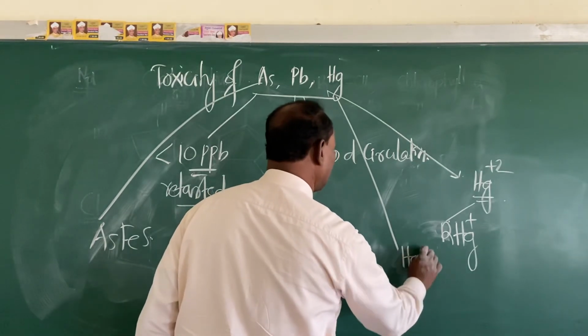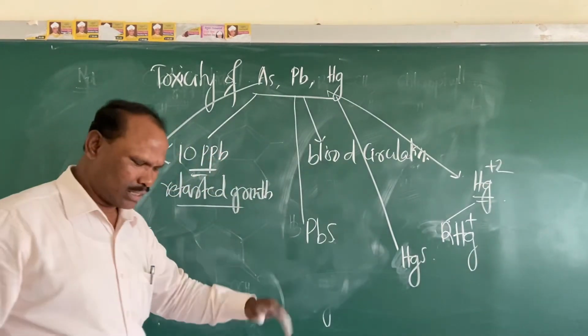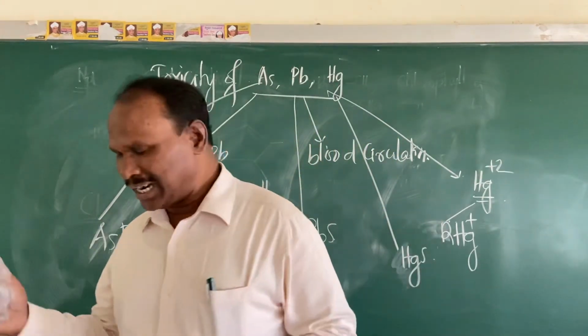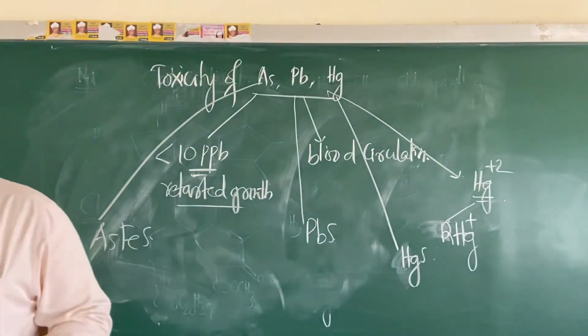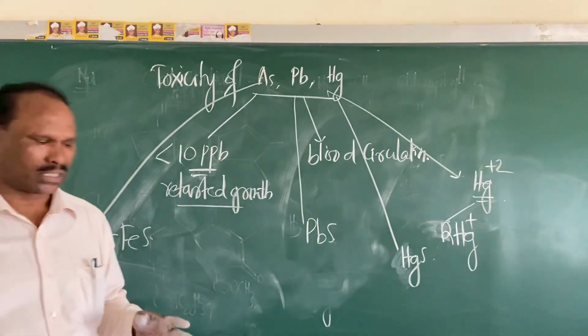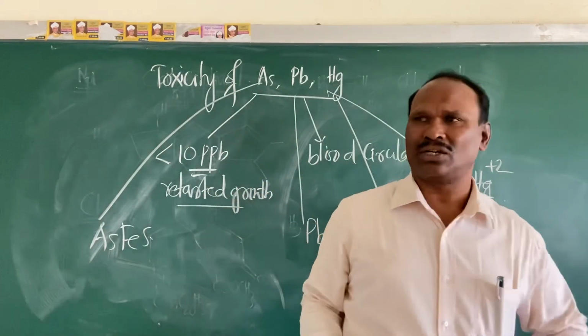HgS. That means the industries that are working with these metals, that is arsenic, lead and mercury, have to take maximum care when they release their waste products into the river water, and finally it enters into the oceans.